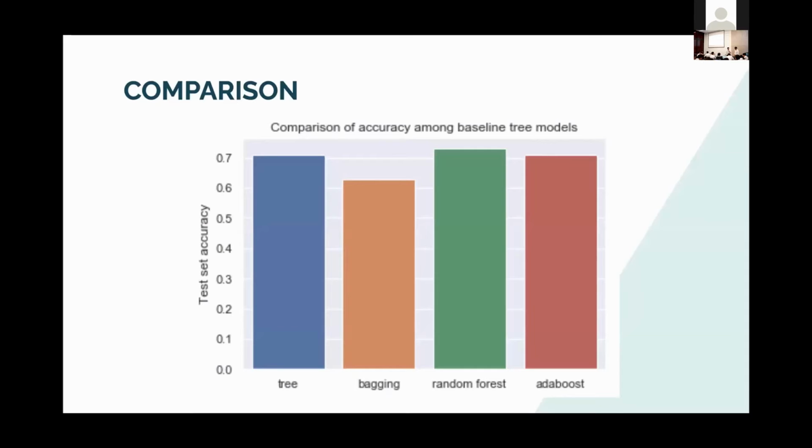So in conclusion, after the four methods we used, we come up with a comparison of the accuracy of each method. As you can see in the graph, the random forest got the highest.